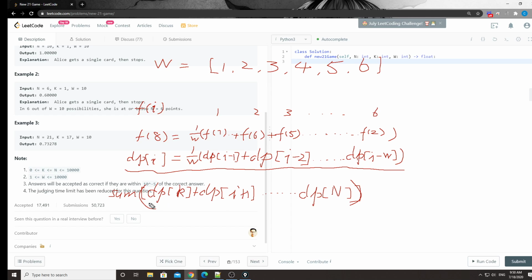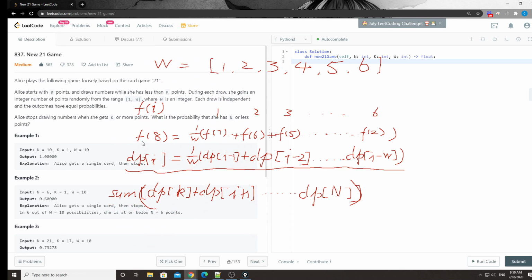That's why we can safely assume this formula works, because the question is asking us about the probabilities between point k and point n. We need to get k first and then the probabilities from k to n.